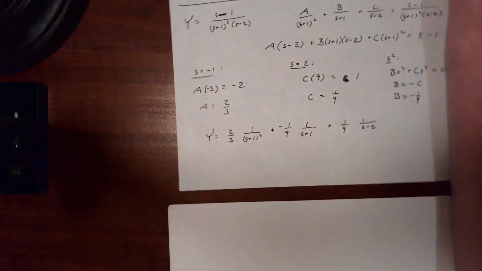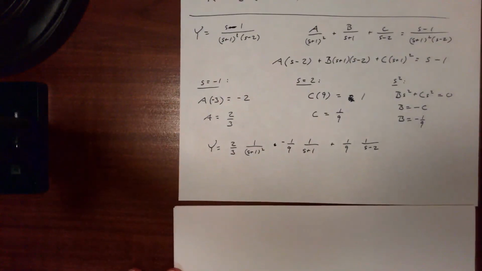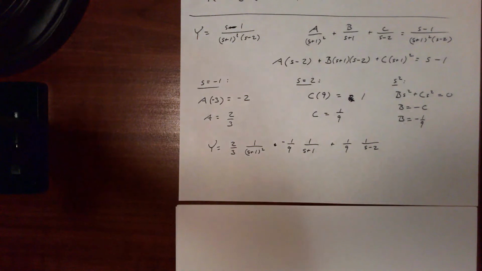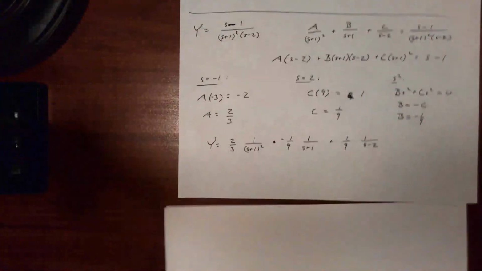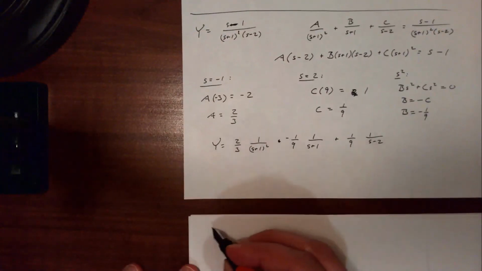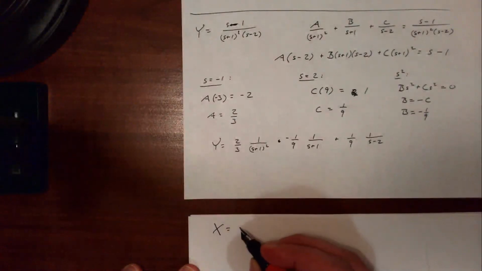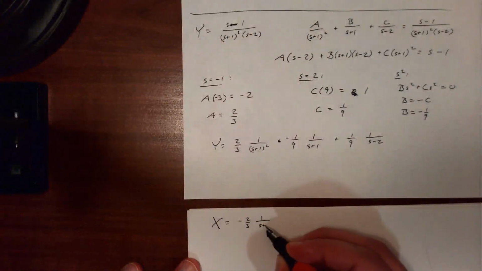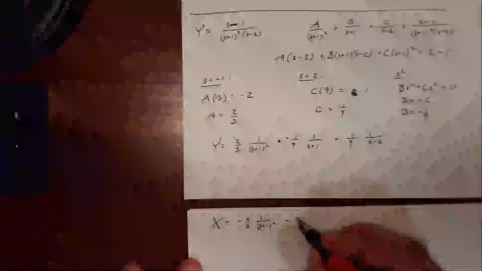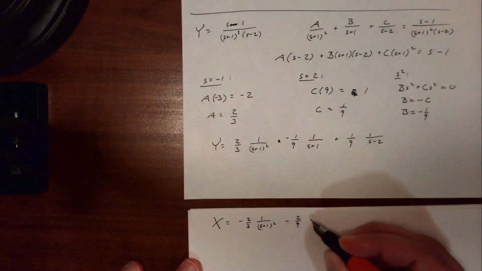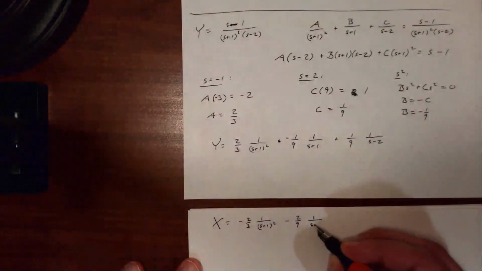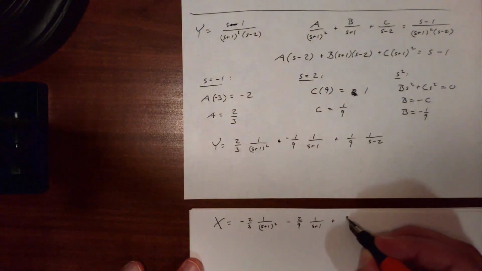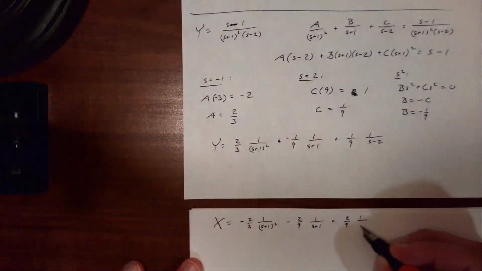All right, so then we can do the inverse Laplace transforms to get the little x and the little y. So for the x that we had here, if capital X is -2/3 times 1 over (s plus 1) squared, minus 2/9 times 1 over s plus 1, plus 2/9 times 1 over s minus 2.